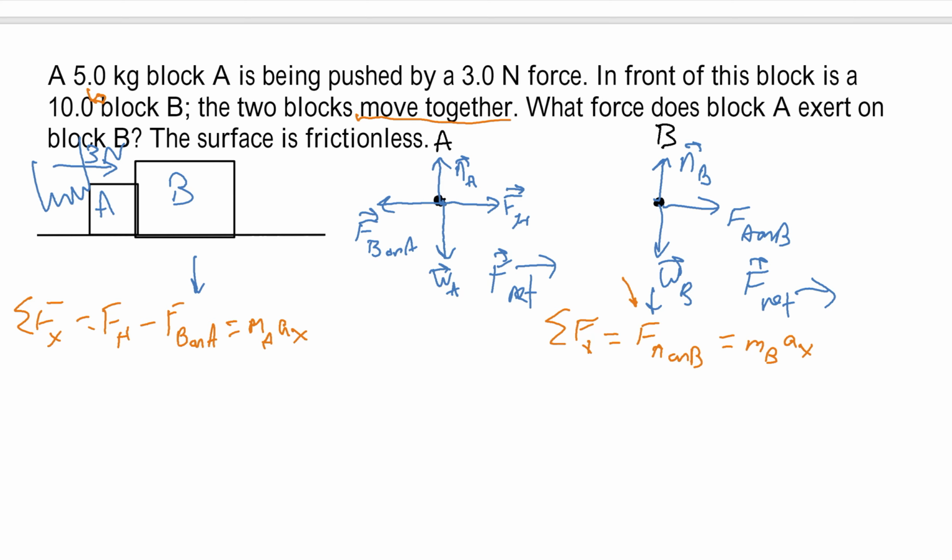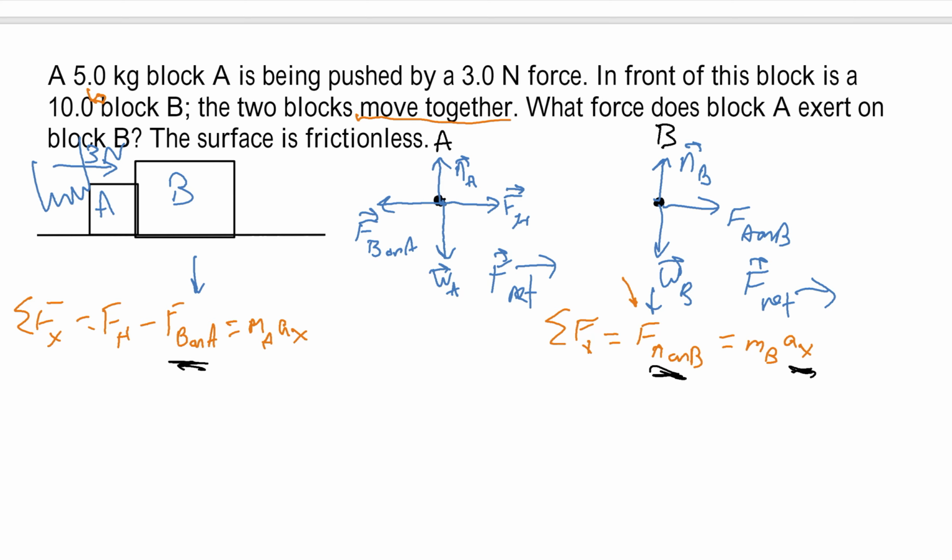Now, the things that we don't know are A sub X, FA on B, and FB on A. But we know FB on A and FA on B are action-reaction pairs, so those are essentially the same thing. So we can pretend for a second that they are the same. So really we only have 2 things here that we don't know: acceleration and FA on B.